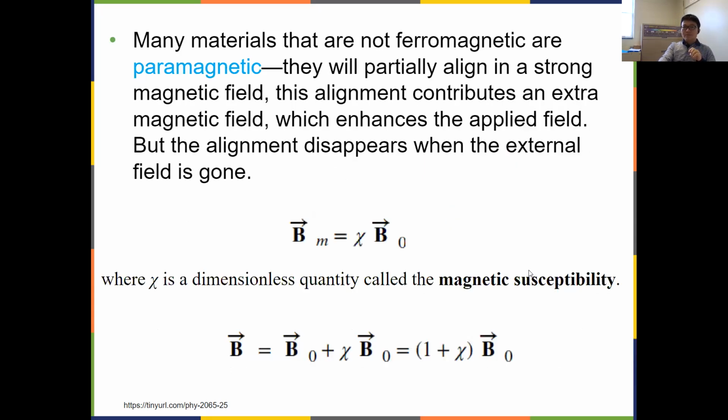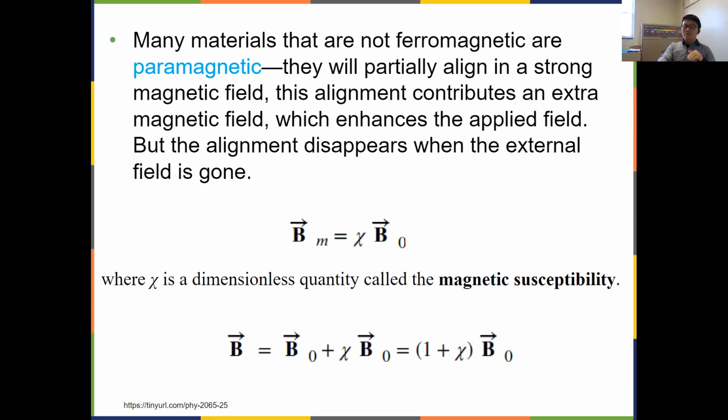Other materials that are non-ferromagnetic are called paramagnetic. You can make the material domains inside them have a certain orientation, so they will have alignment of magnetic domains. Then it will strengthen the external magnetic field.